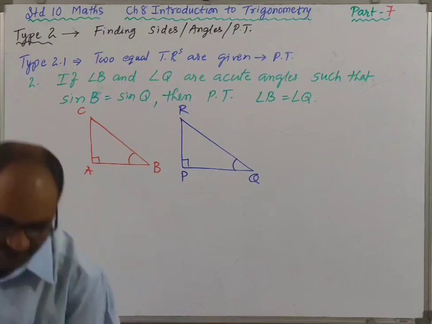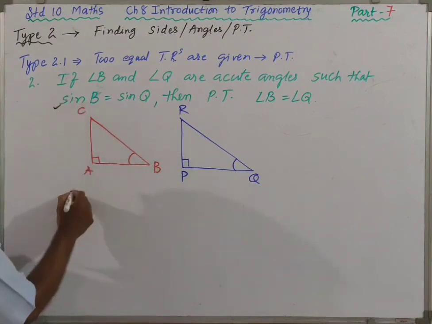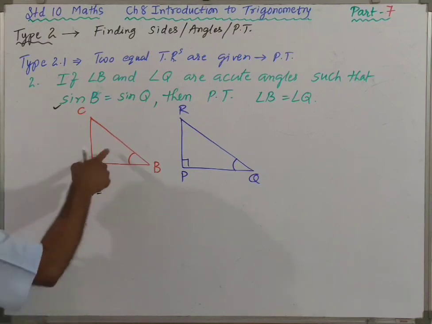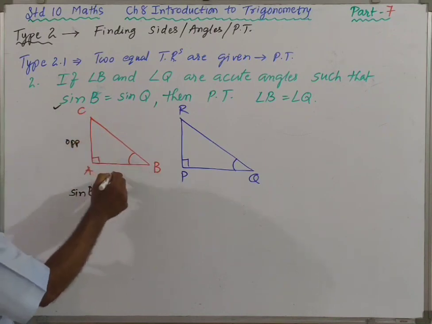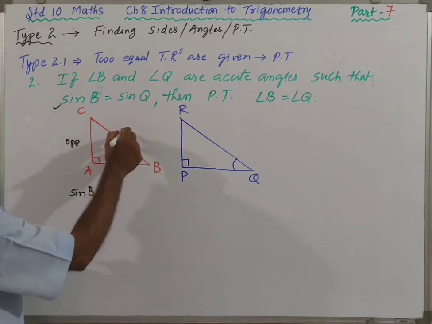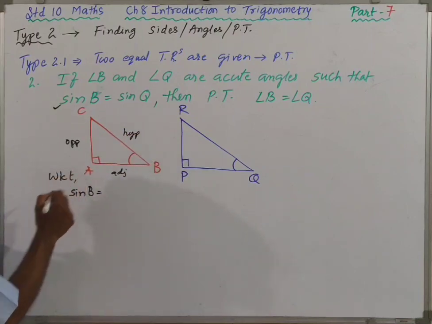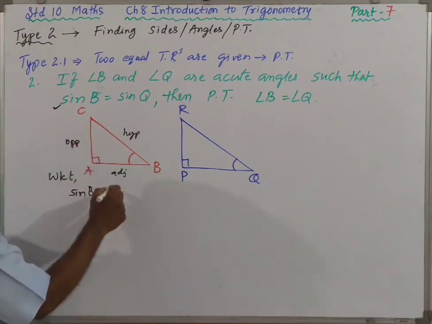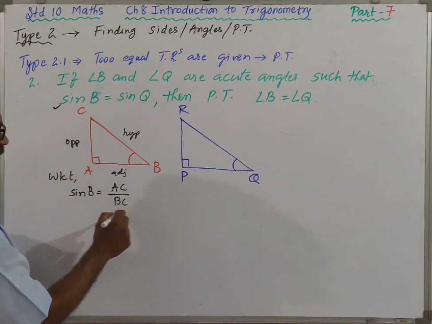How can you show that, children? How will we tell that? Alright, first we'll use the given condition. Sine B is equal to, what you have from here? This is opposite side, this is adjacent side, and this is hypotenuse. So we know that sine B is equal to opposite side AC upon hypotenuse BC.